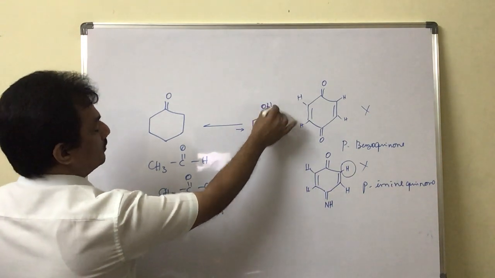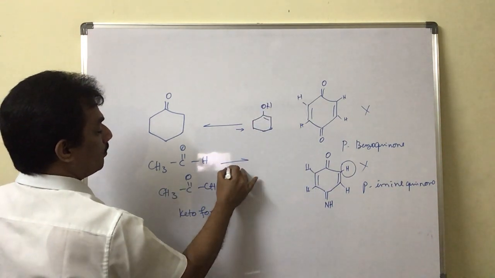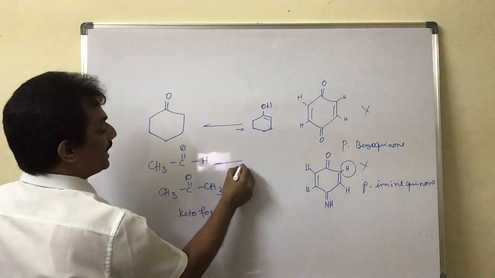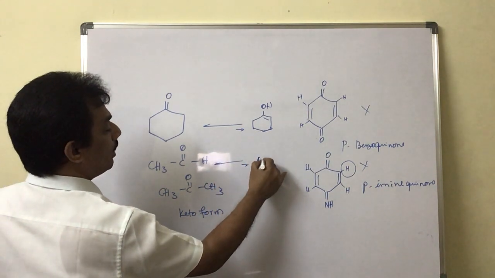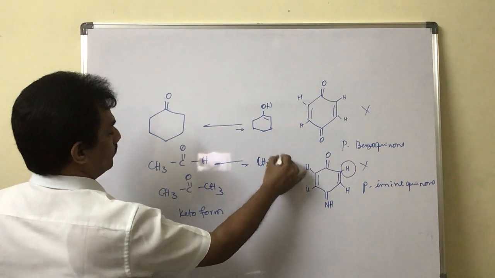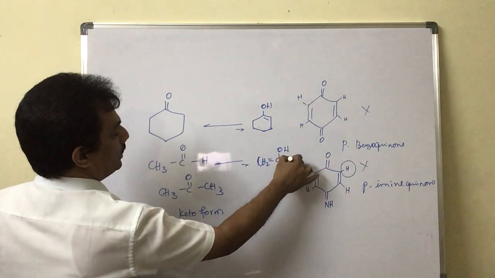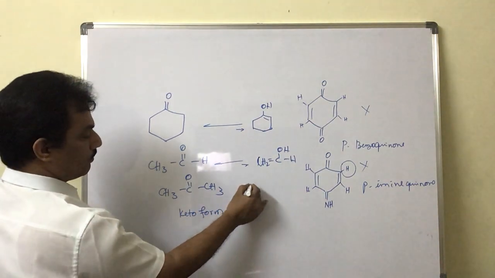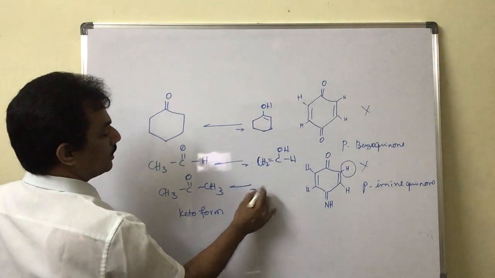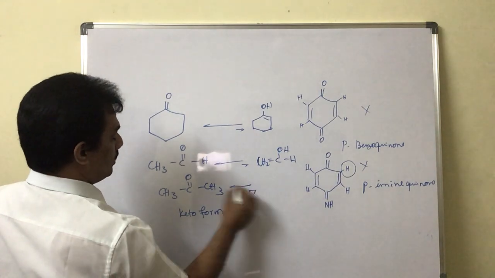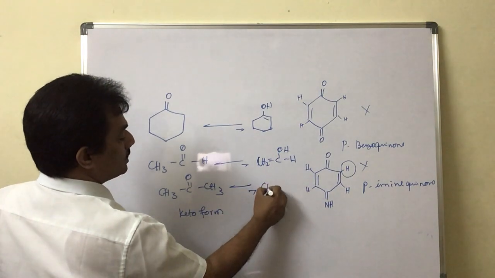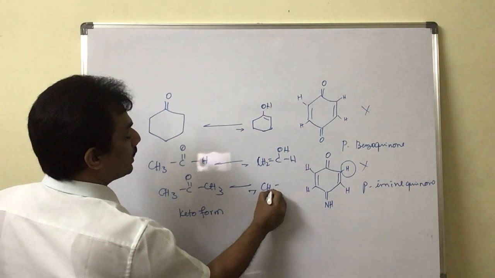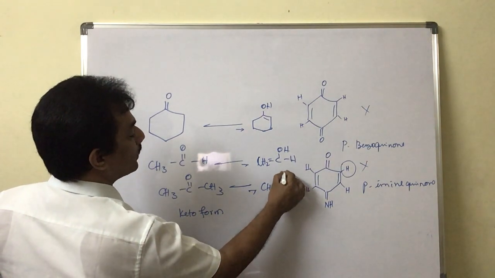That means the enol existence is almost 0, very less. The reason is that the bonding between carbon and oxygen is strong when compared to the bonding between carbon and carbon.